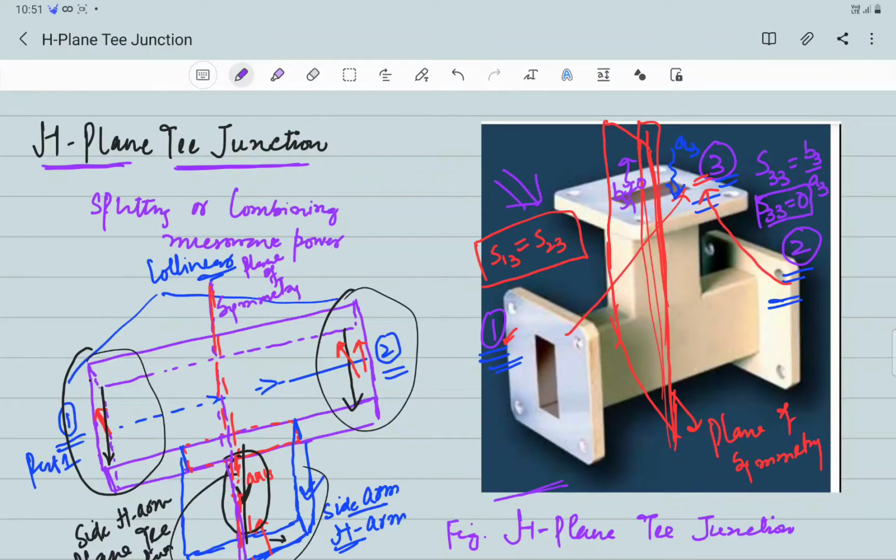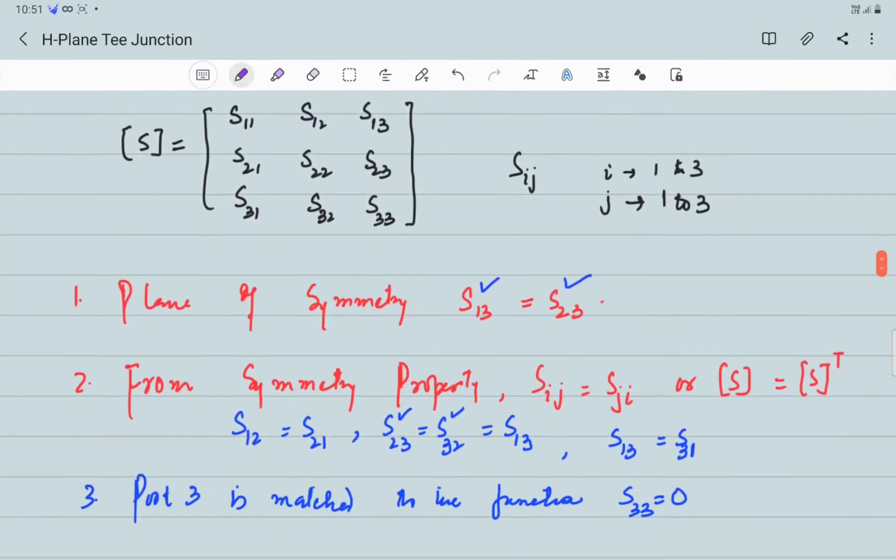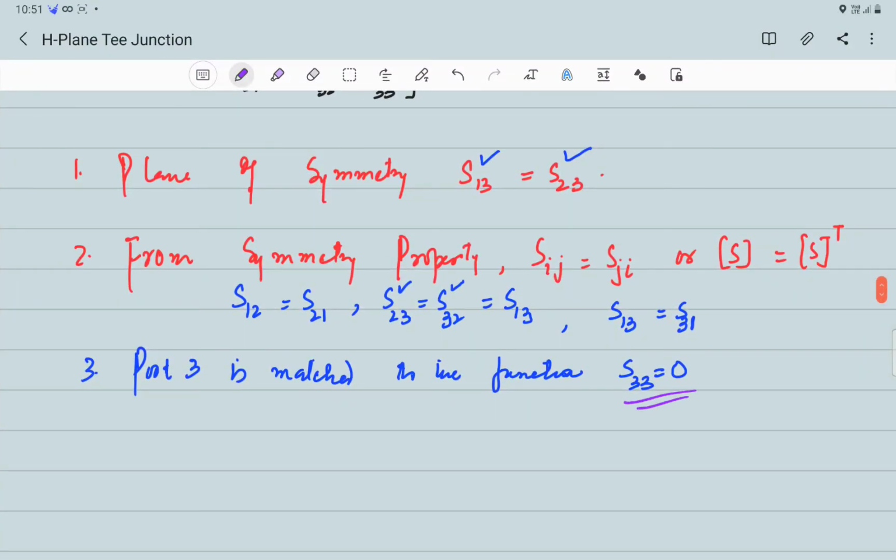That's what I have written here. S33 is 0. B3 by A3 is S33, but since the port is matched, B3 is 0. There are no reflections, therefore S33 is 0. Therefore I can rewrite the S matrix as S11, S12, S13.